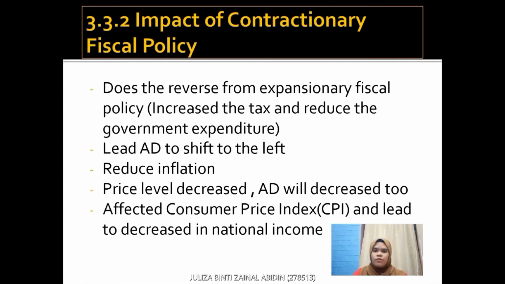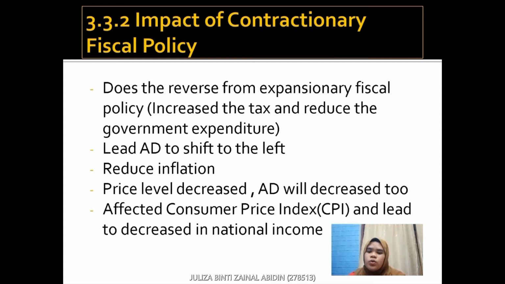Next, the impact of contractionary fiscal policy. Contractionary fiscal policy is the reverse of expansionary fiscal policy, that is, increase the tax and lower the government expenditure. This contractionary fiscal policy will lead AD to shift to the left. The goal of contractionary fiscal policy is to reduce inflation by limiting the amount of active money circulating in economy.